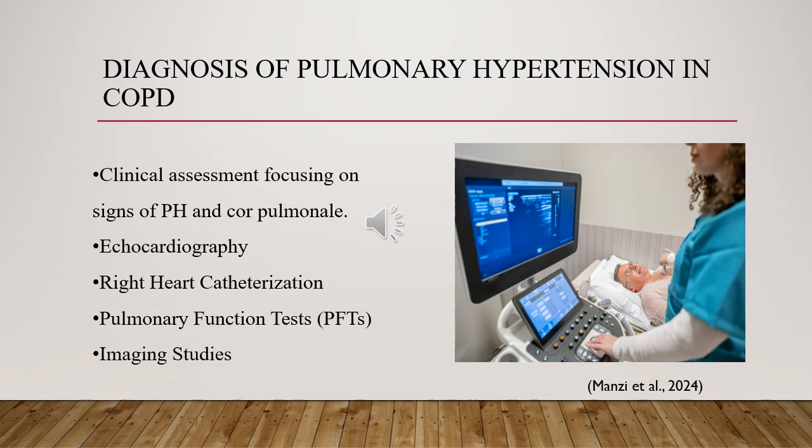This invasive procedure provides definitive data necessary for tailoring patient care. Pulmonary function tests assess lung function, helping to gauge the severity of COPD and its role in PH development. Imaging studies, including chest X-ray and CT scan, offer insight into structural lung and heart changes and are useful in ruling out alternative causes of pulmonary hypertension.